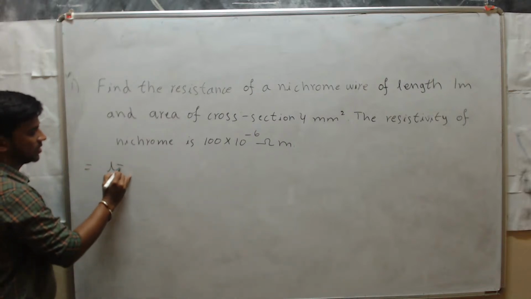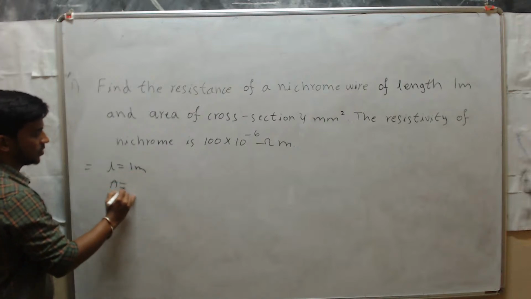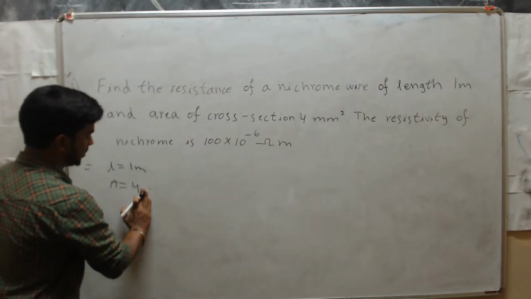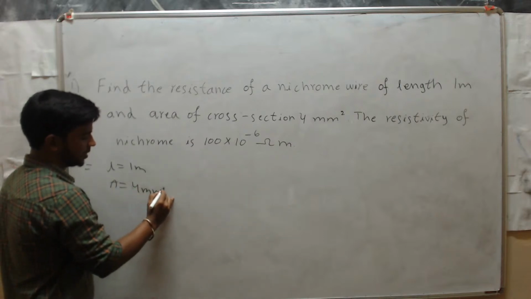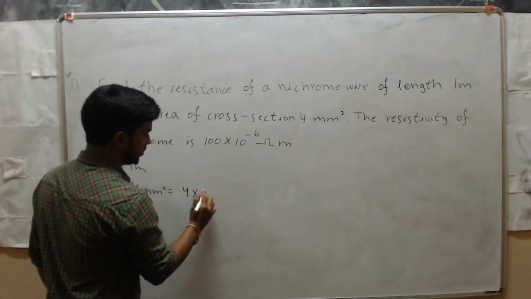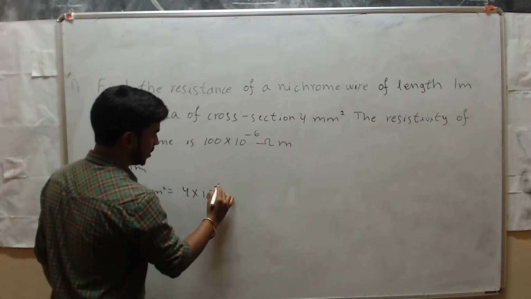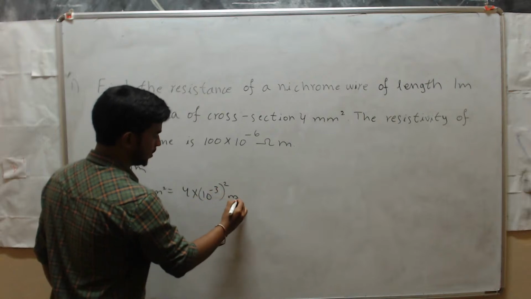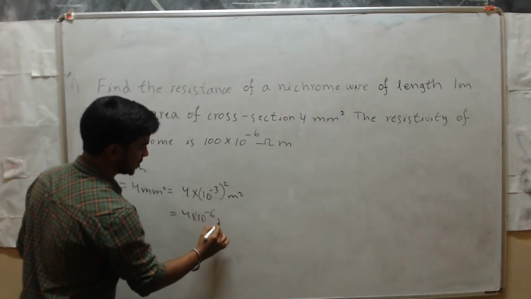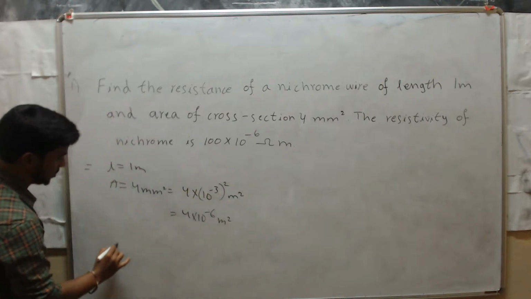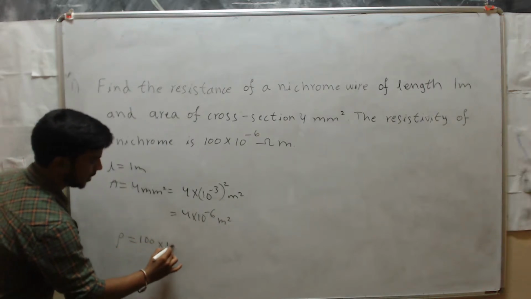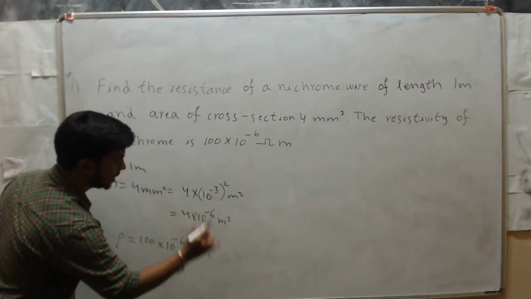So first, length is 1 meter, then area of cross section is 4 millimeter square, right? While converting, 4 into milli means 10 raised to the power minus 3 whole square into meter square. So that is 4 into 10 raised to the power minus 6 meter square. Then the resistivity of that nichrome wire is 100 into 10 raised to the power minus 6 ohm meter.